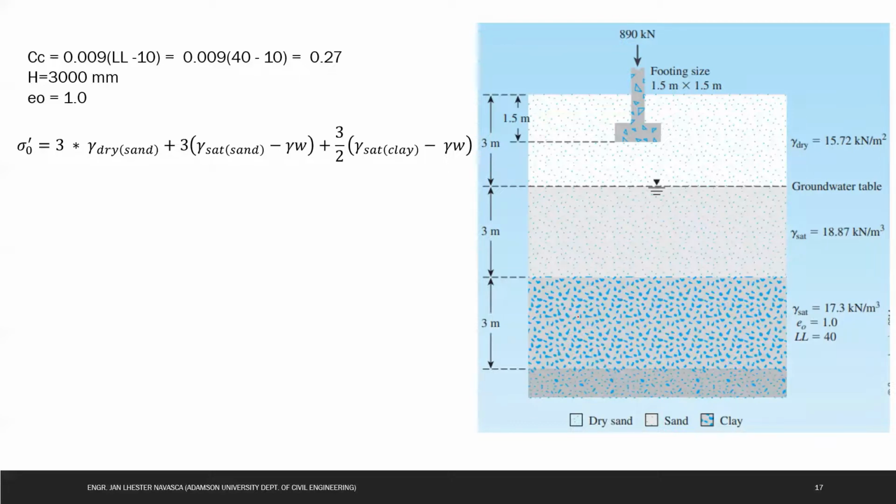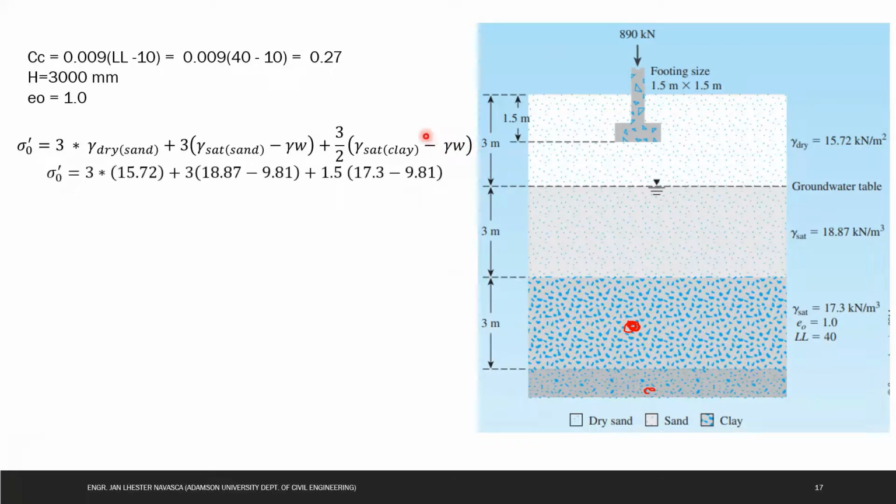So at this location, at the middle of the clay layer, it's simply equal to 3 times the dry unit weight of sand, plus 3 times the saturated unit weight of sand minus gamma water, or the unit weight of water, plus 3 halves, or the mid portion of the clay layer, that is 1.5 multiplied by the saturated unit weight of clay minus unit weight of water.